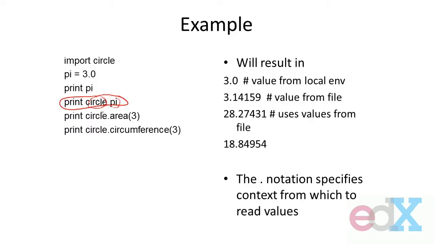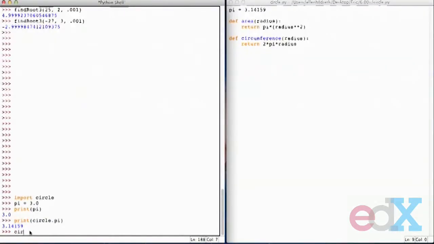Or similarly, from the context circle, import that variable area, which is a function, and use it. So I can, for example, say, give me circle.area of, I don't know, 3. And it brings in, from the circle context, the definition of area that I created when I actually stored it away inside of that file.